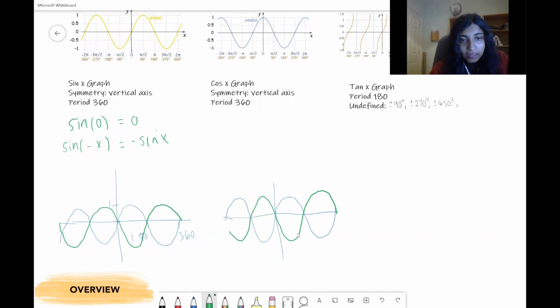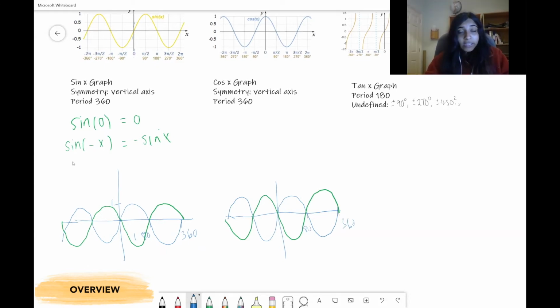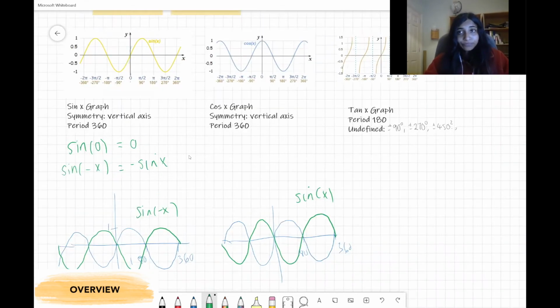If you label the axis, this will still be 180 in both. So that just means that if you would ever do the sine of minus x, that would always just be equal to minus the sine of x. So that's the second property you need to know.